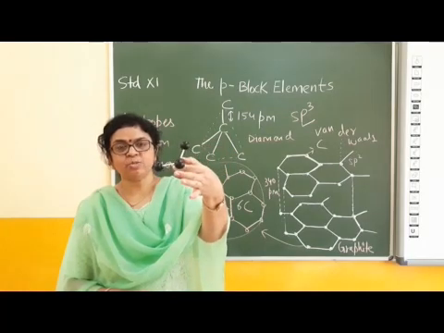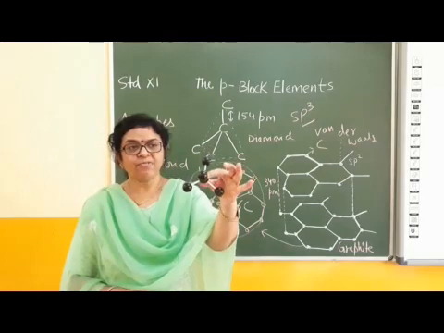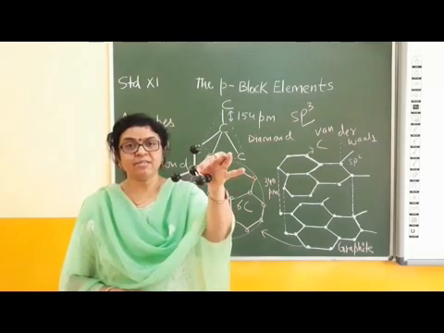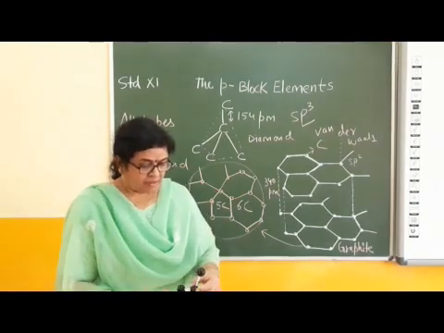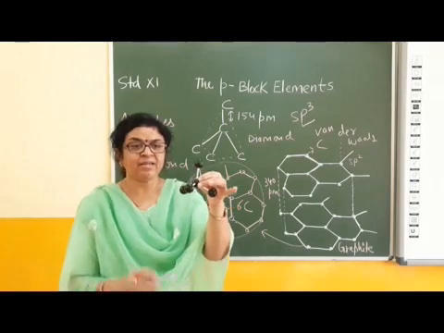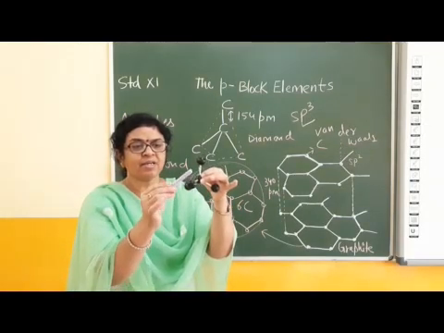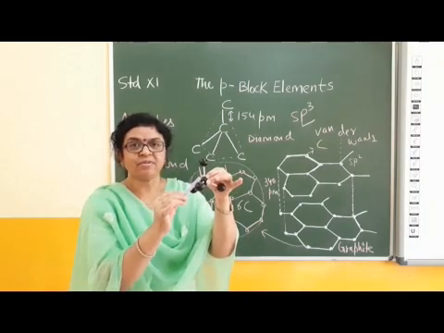This is a 3D arrangement of carbon atoms in diamond. This is only the smallest part of diamond. Again repetition: this carbon is attached with 3 more carbon atoms, 1, 2, 3. This is the 4th part.